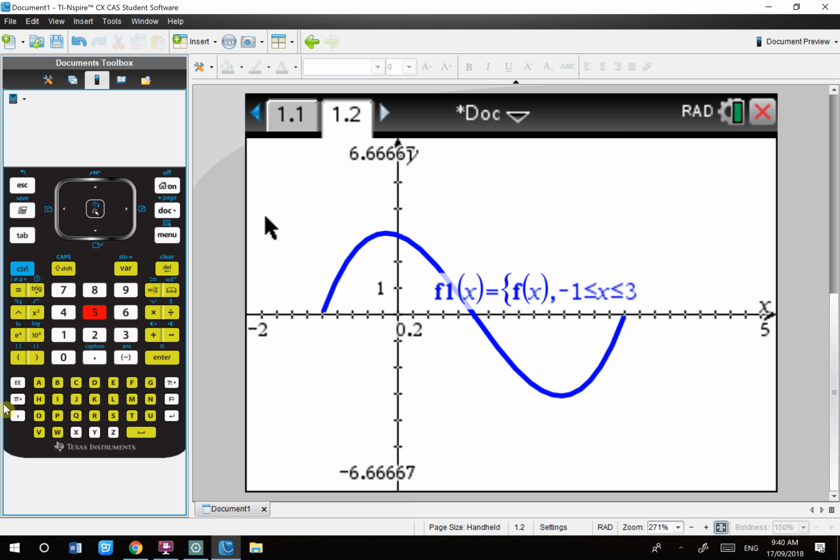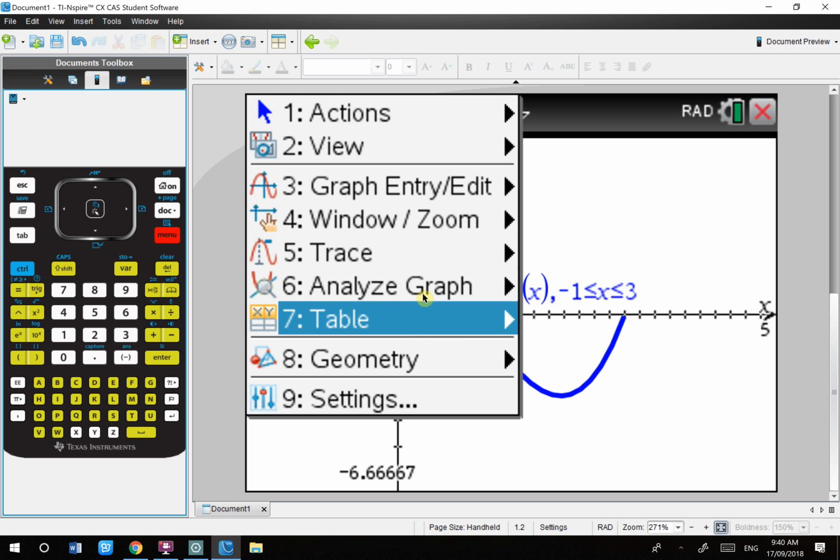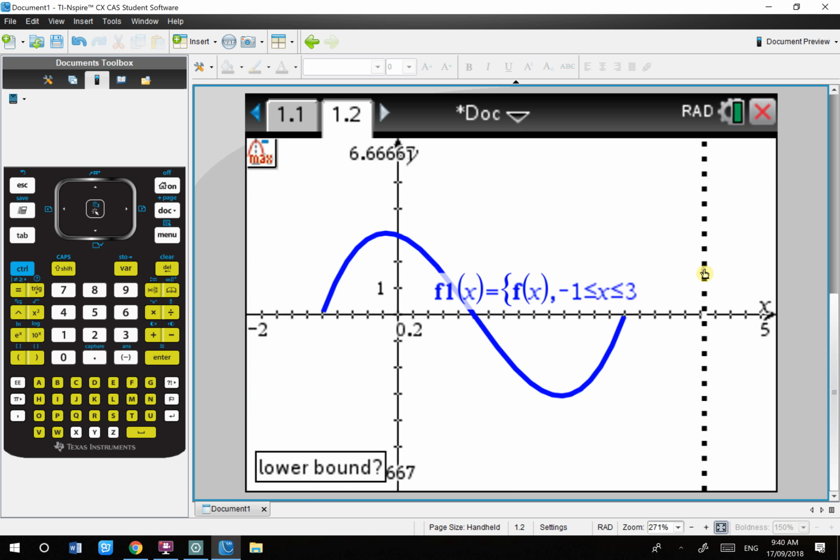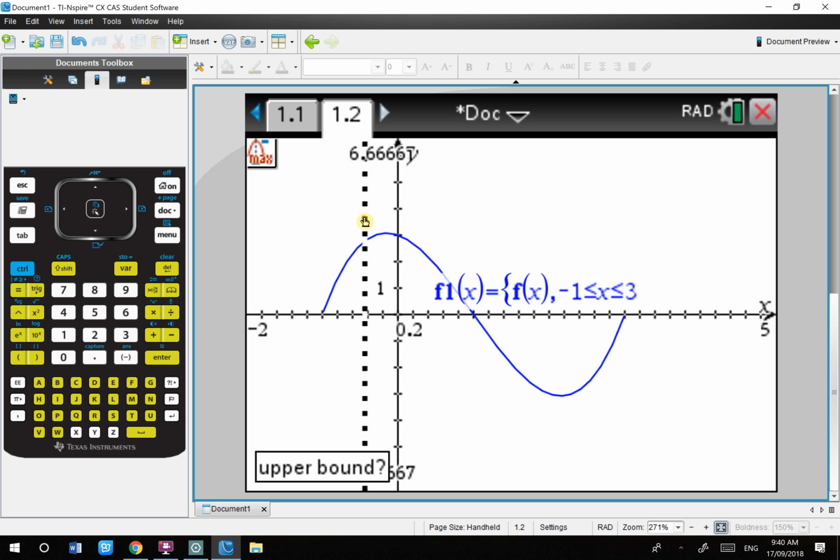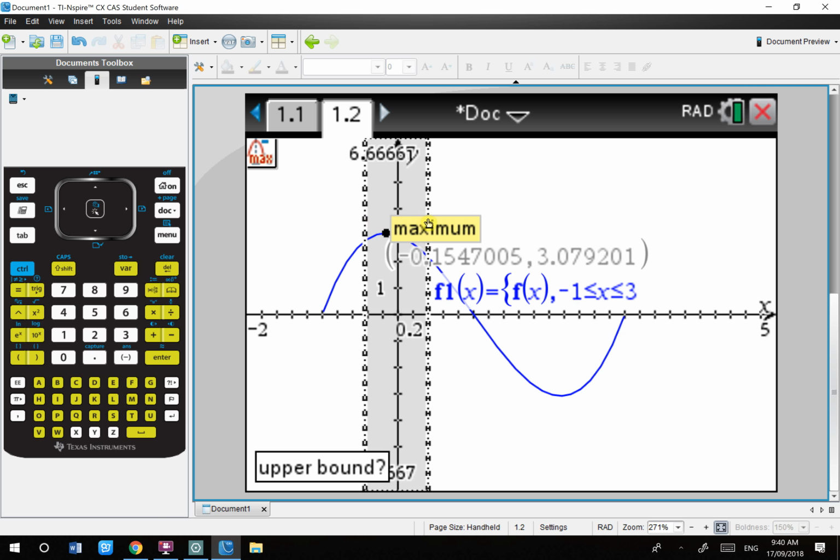I'll go menu number 6, analyze graph, and maximum. I have a dashed line here. Can you see that? You can move it on your square pad. Move this line to the left hand side of the maximum point first, and press enter, and then move the line to the right.